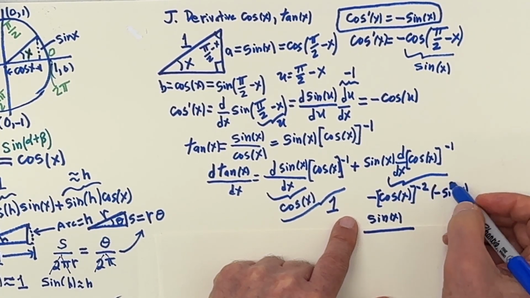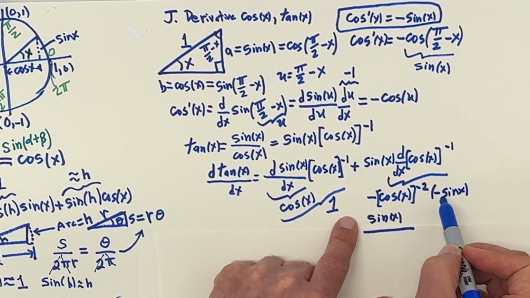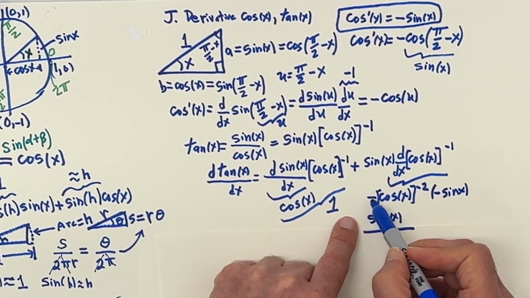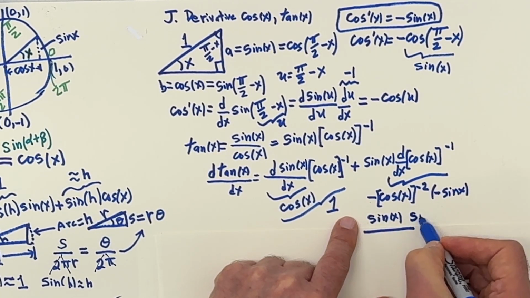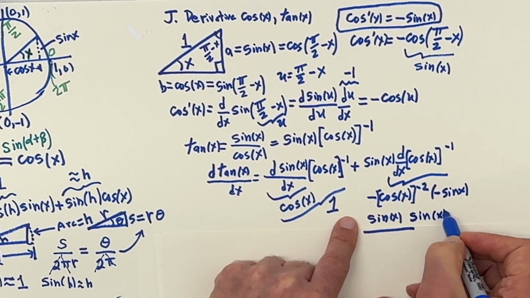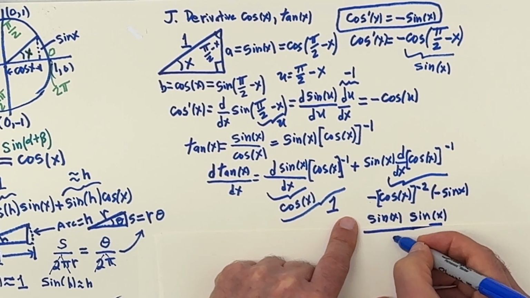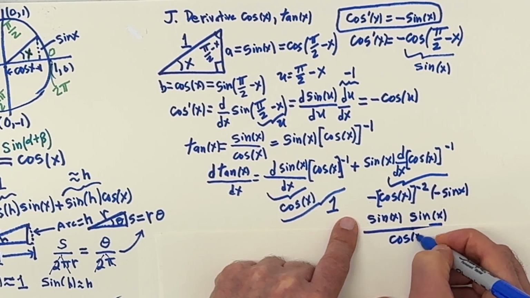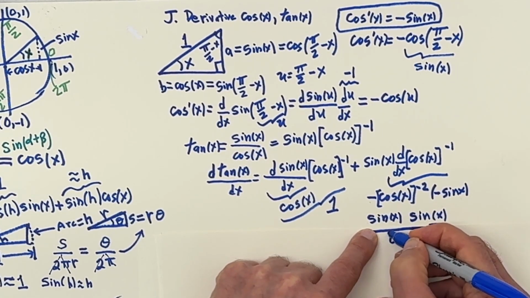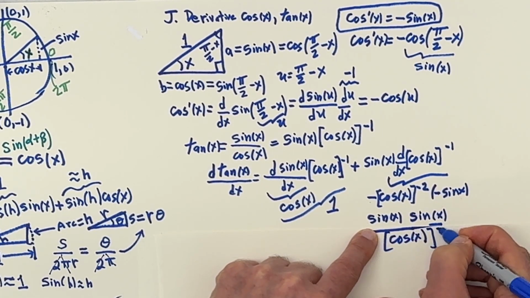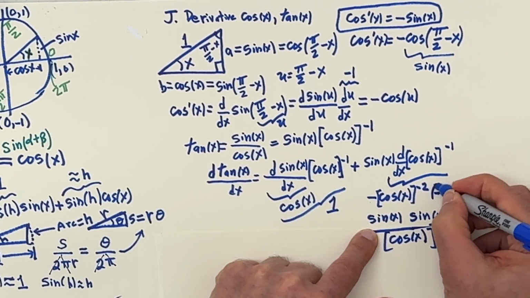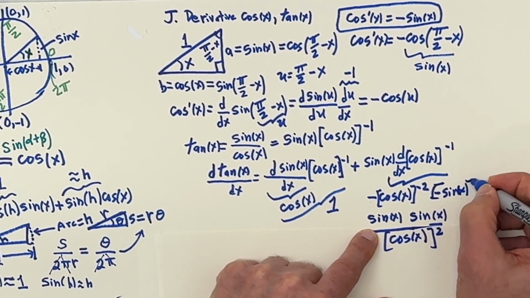All right. So then we could see that this minus sign cancels that minus sign, and we'll have an extra sine of x here. And then in the denominator, I'll have the cosine of x here, and that's going to be squared. All right, if you want, we could put parentheses like that.